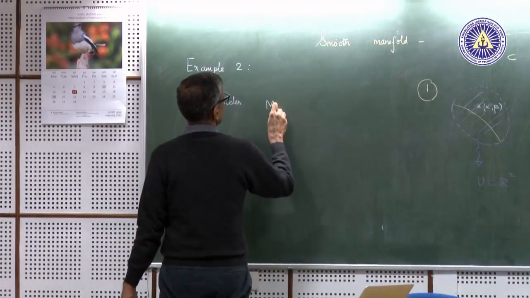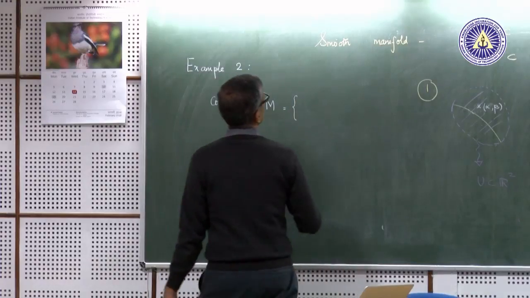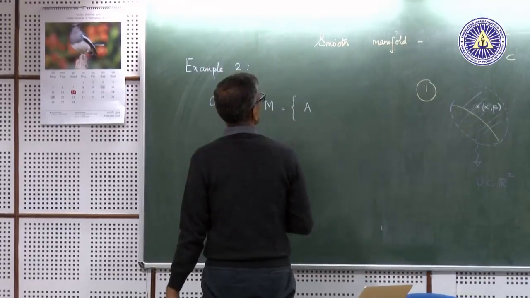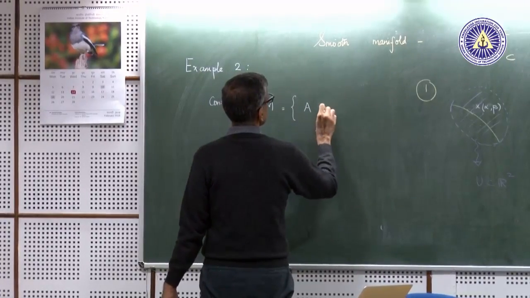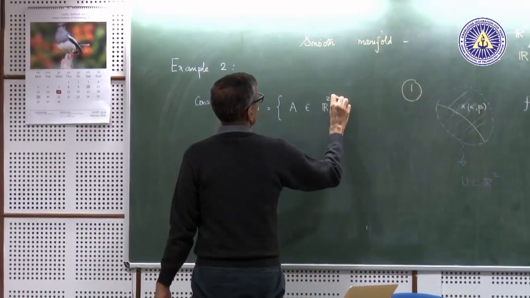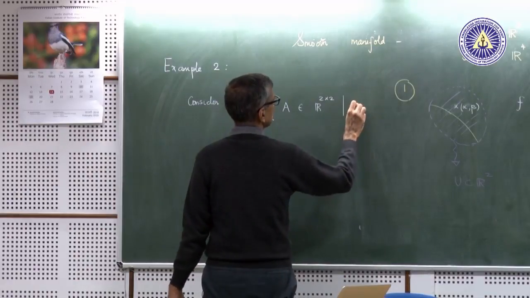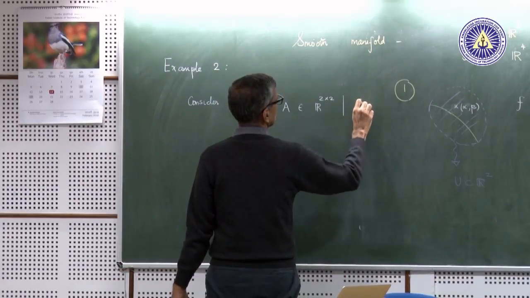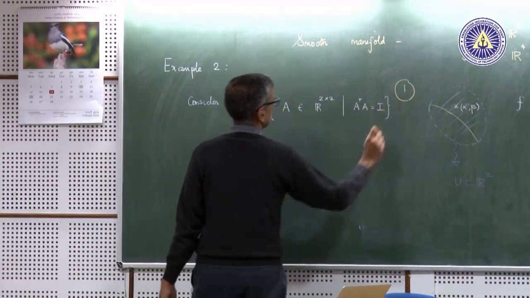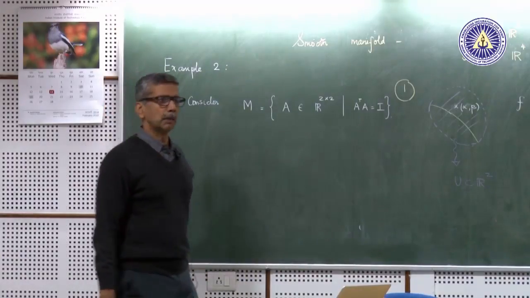Okay, I will call smooth manifolds by M. So, this is all 2 by 2 matrices such that, so my question is, is M a smooth manifold?